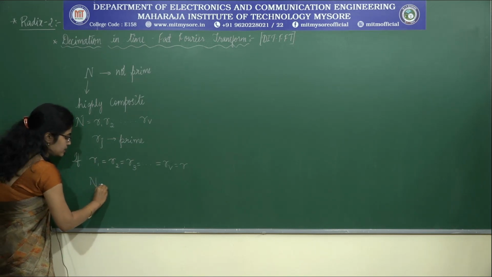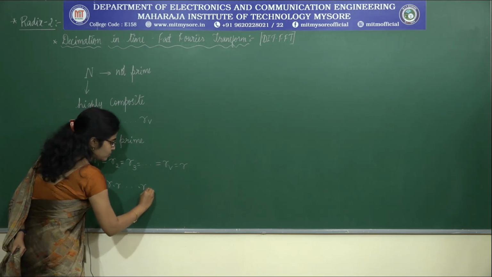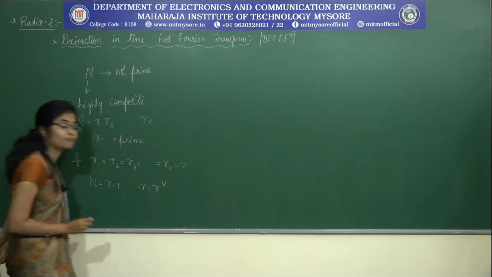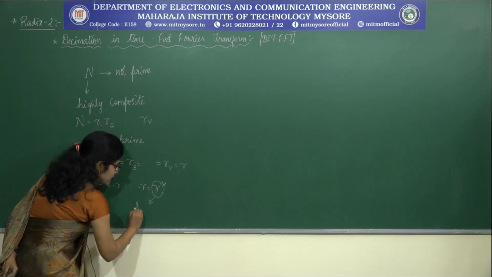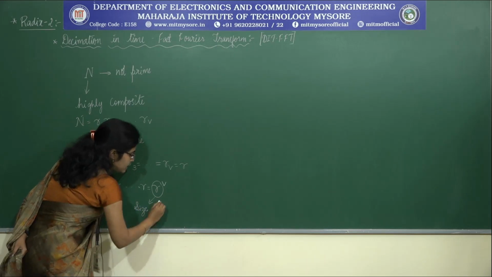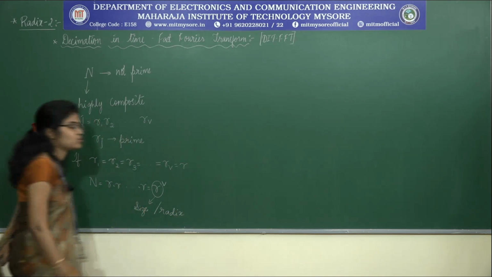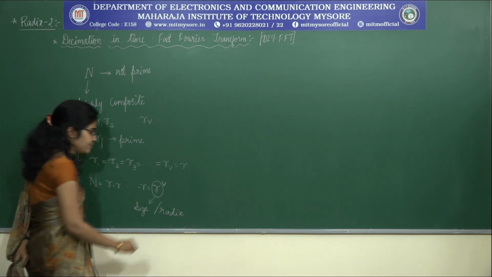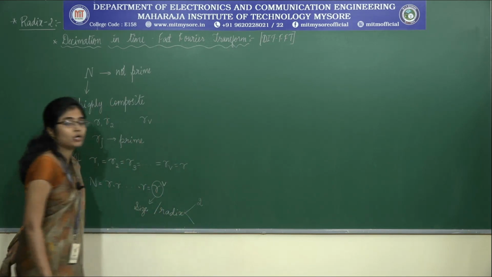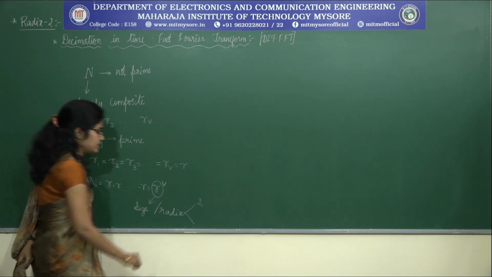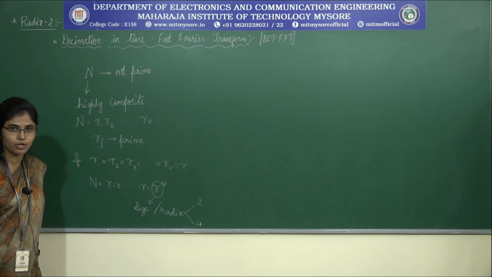I can directly write this as R into R into R, which is equal to R to the power of v, where this R gives the size of the DFT and is called the radix. If the value of R is equal to 2, then we call it the radix-2 FFT algorithm. If it is equal to 4, we call it the radix-4 FFT algorithm.